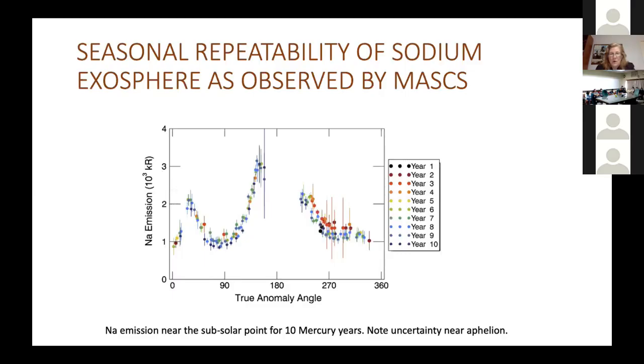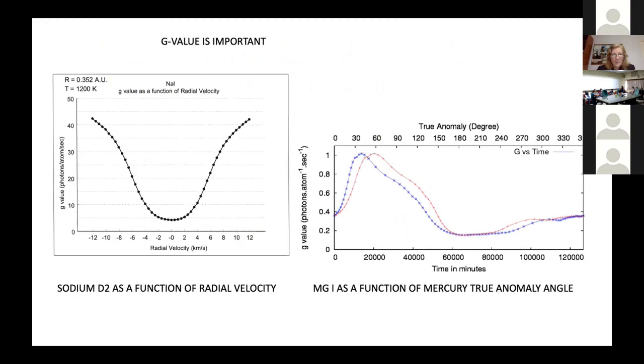But if you subtract out the G value, you see that there is variation on top of this seasonal variation. So the G value is important, and you need to correct for that. So you can see sodium. The sodium that we see is inside of the solar Fraunhofer line, and that's why we have this big variation.